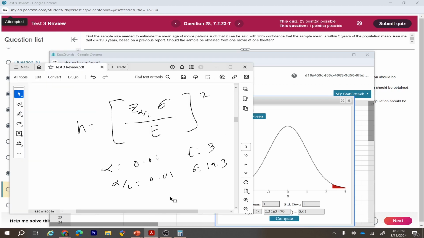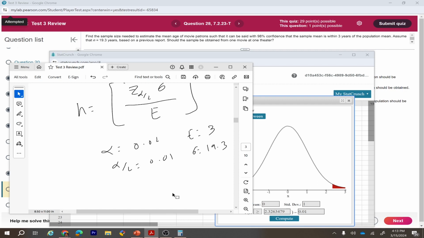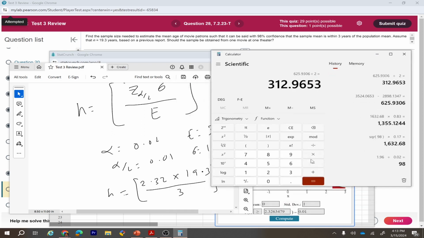So here we have the z-score. N is 2.326 times the standard deviation 19.3 divided by the margin of error 3, and then take the square.